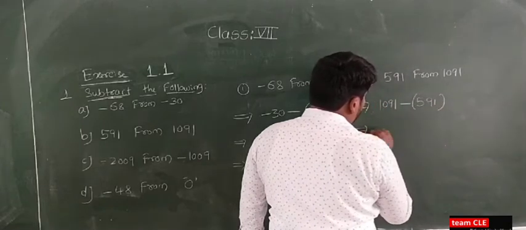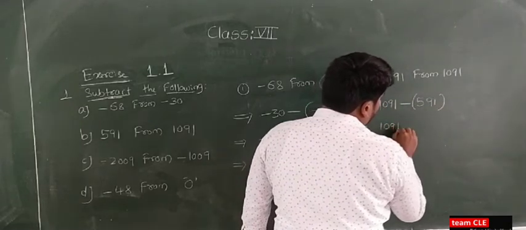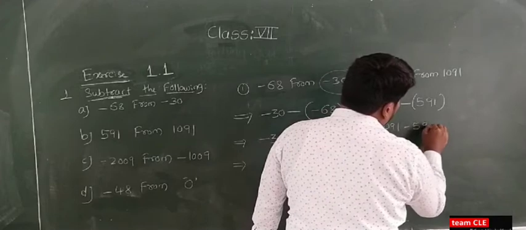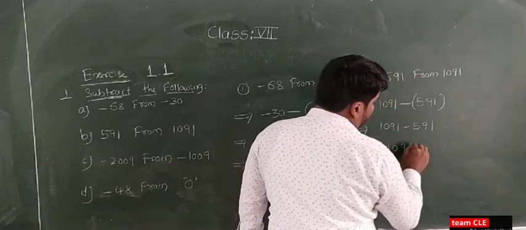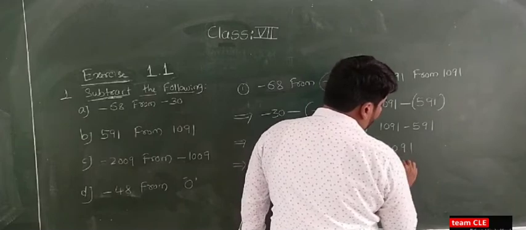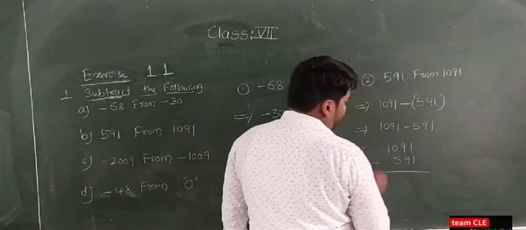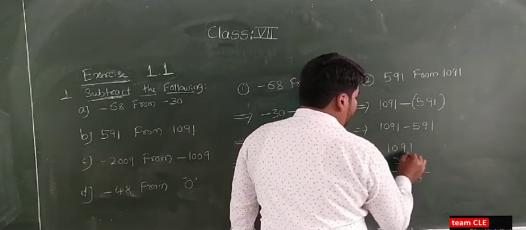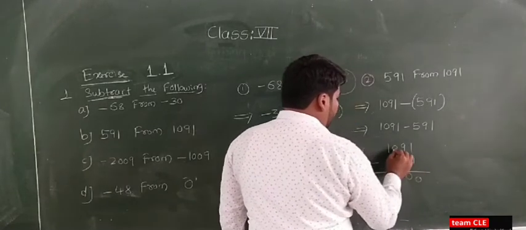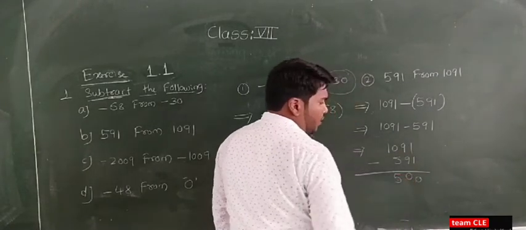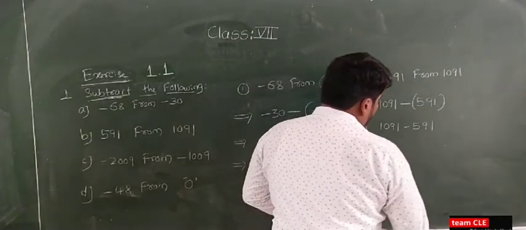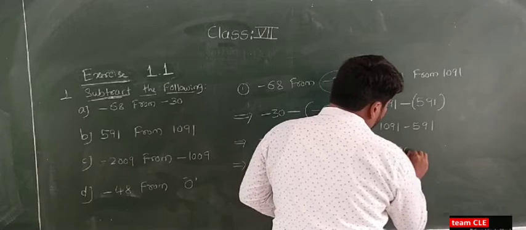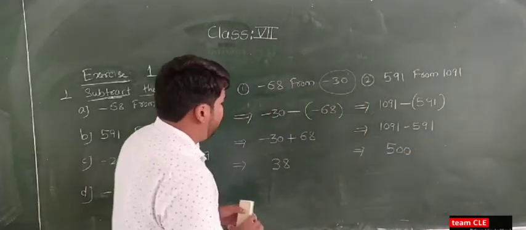So again this is 1091 minus 591. Again 1 minus 1 is 0, 9 minus 9 is 0, 10 minus 5 is 5. So the answer is 500. This is your second one.